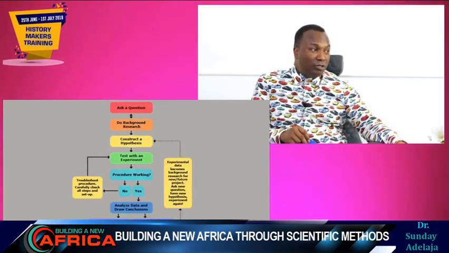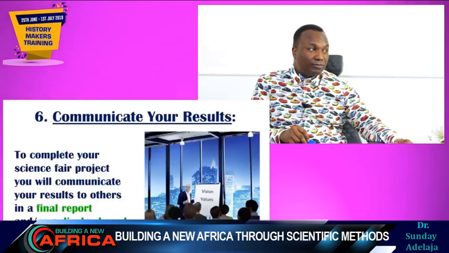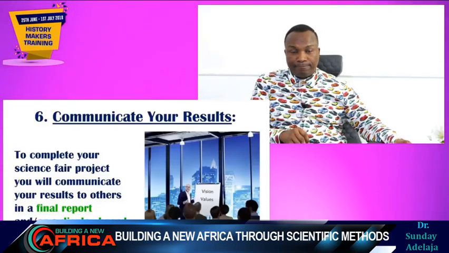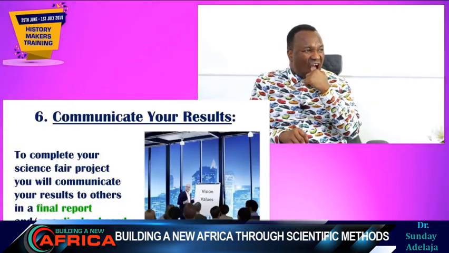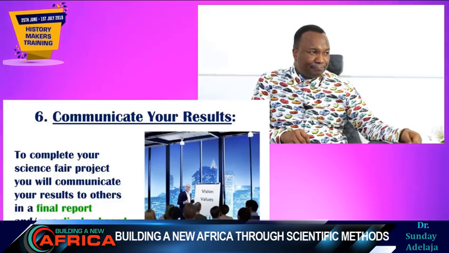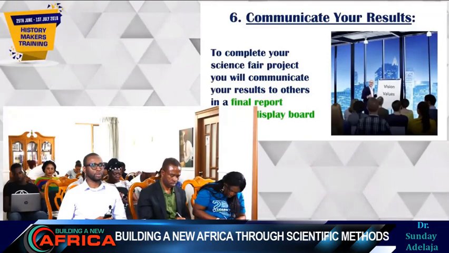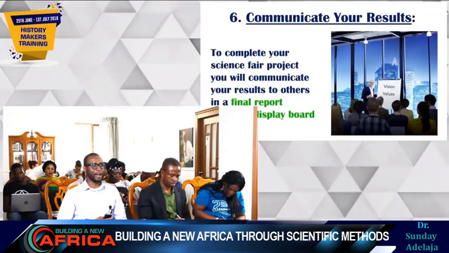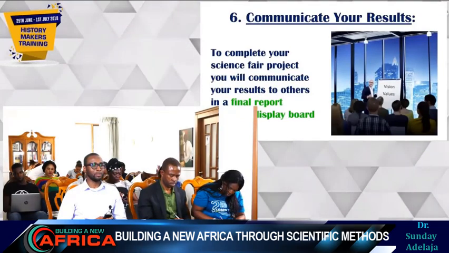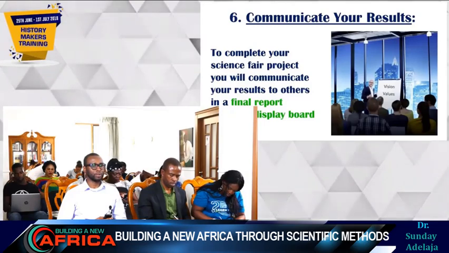So the next one, communicate. You have to communicate your results. Step number 6, communicate your results. To complete your science fair project, you will communicate your results to others in a final report and or a display board.